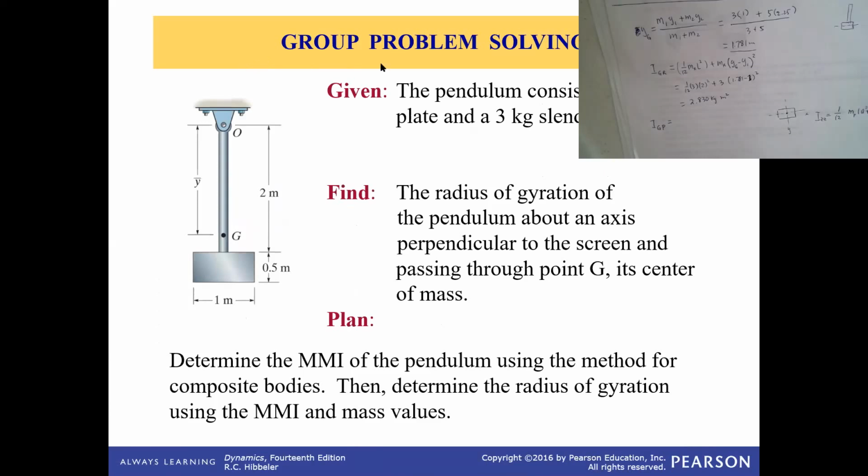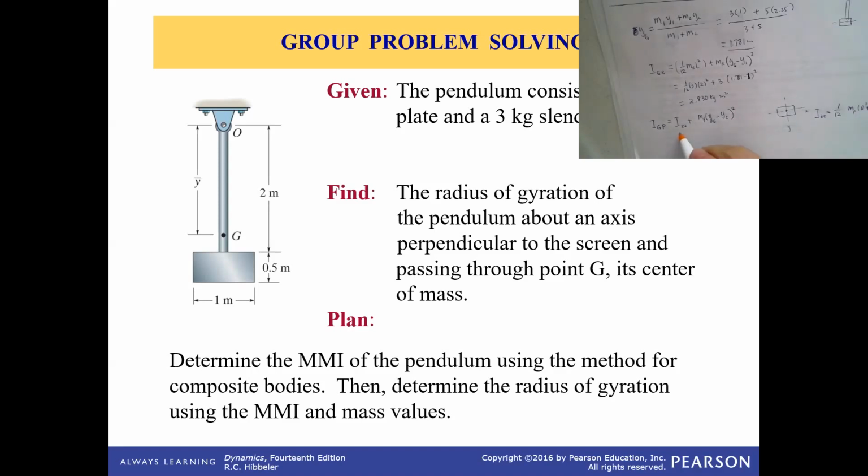So now this will be just I of this zz, plus m of the plate times the new yG minus the y of the plate, which would be y2, squared.